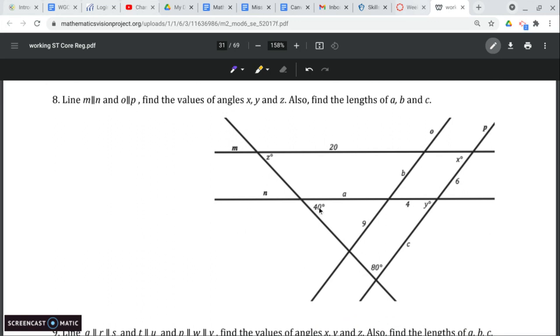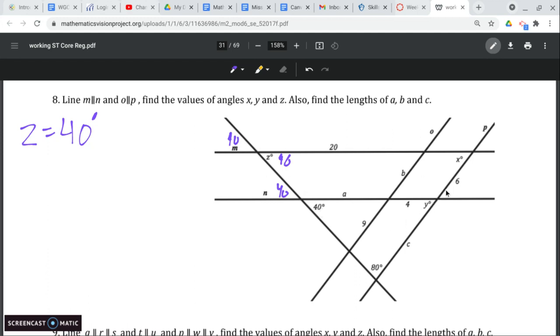Such as, this angle right here is 40, which means this angle over here is also 40, which means this angle right here, the alternate interior angle, is 40. So this angle is also 40. That one's 40. Now, we found what Z was, so that was helpful.